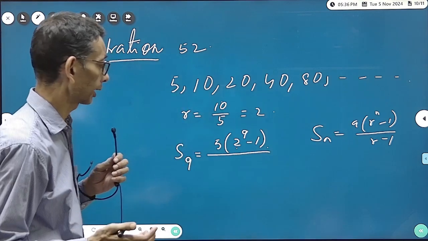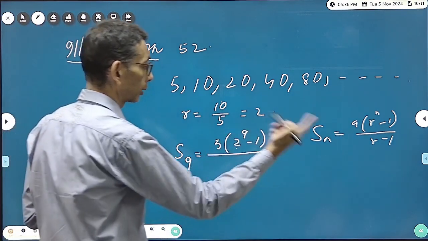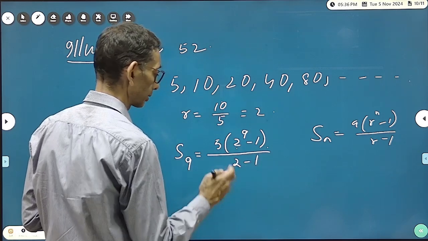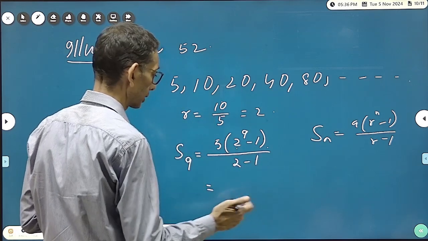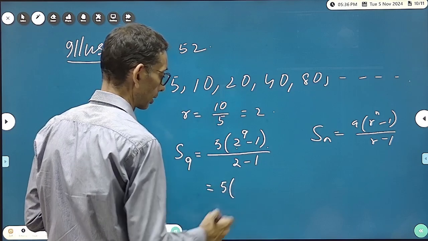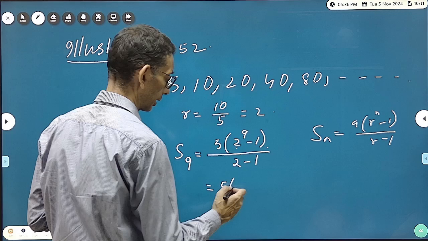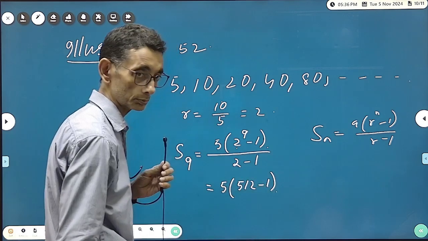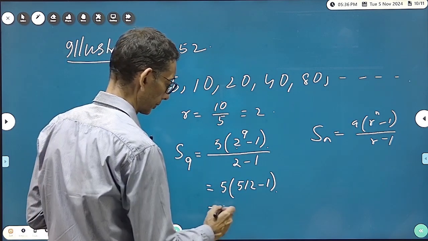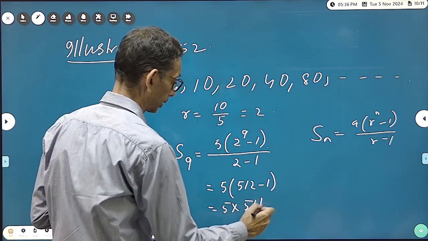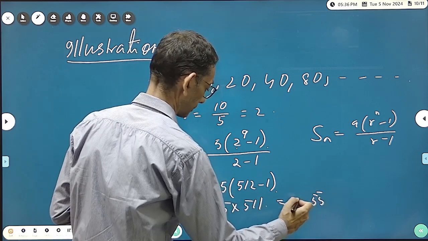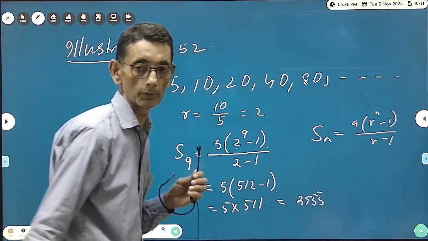So 2 to the power 9 minus 1 divided by R minus 1, which is 2 minus 1, equal to 1, so just ignore the denominator. 5 into 2 to the power 9, which is 512, minus 1. Multiply 5 into 511.